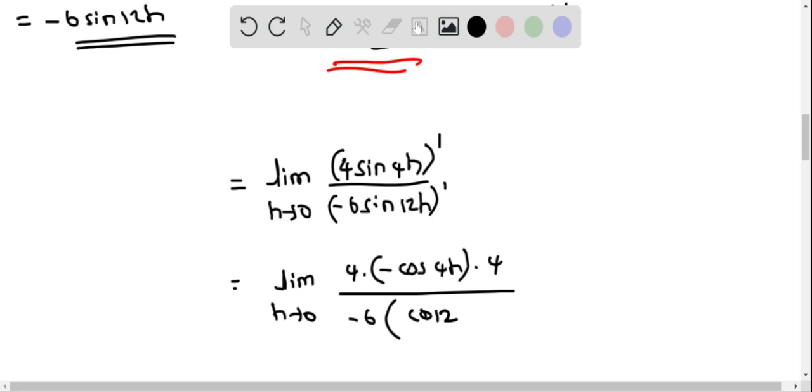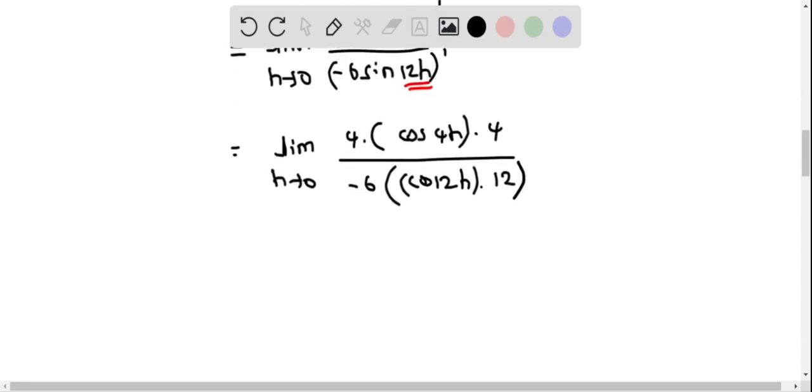I'm sorry, this is positive. It's not negative because the derivative of sine is a positive quantity. So this becomes cos 12h multiplied with 12, because when you find the derivative of 12h, we will get only 12. So we get like this.